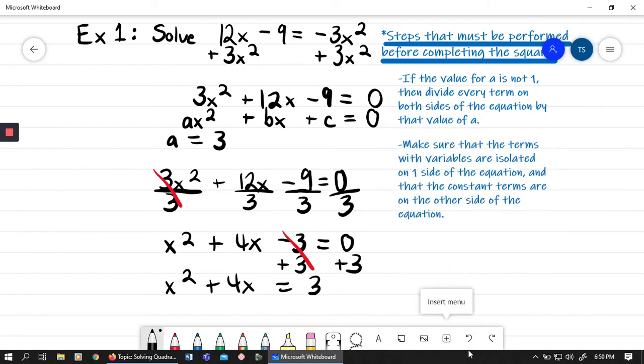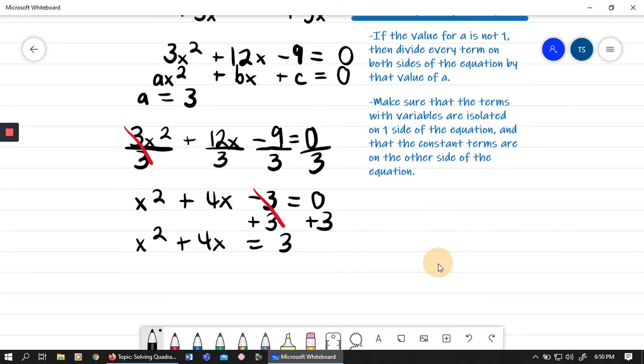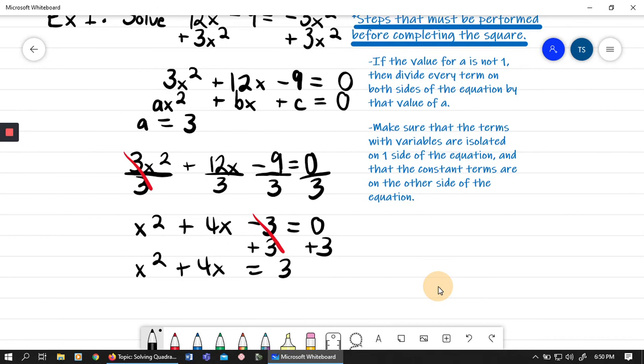All right, so at this moment now we do have it where our terms with variables are isolated on one side of the equation, and that constant term 3 is now on the other side of the equation.